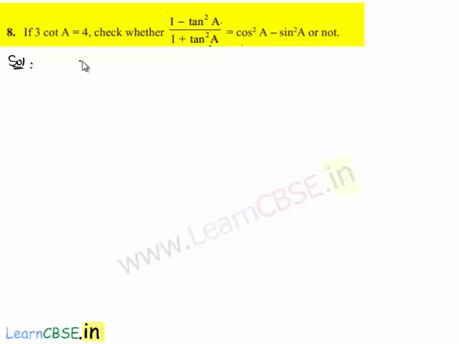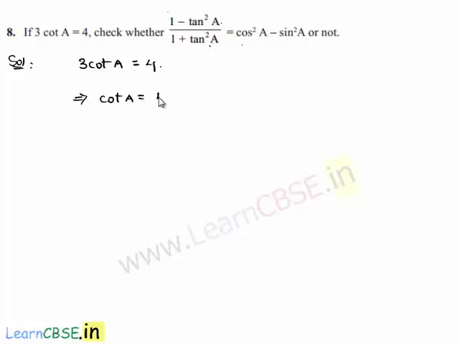He has given that 3 cot A is equal to 4, which implies cot A will be equal to 4 by 3. Here he asks us to check whether (1 minus tan square A) by (1 plus tan square A) is equal to cos square A minus sin square A or not.